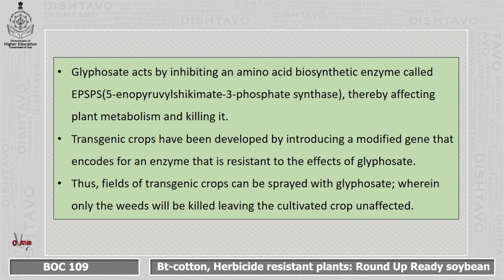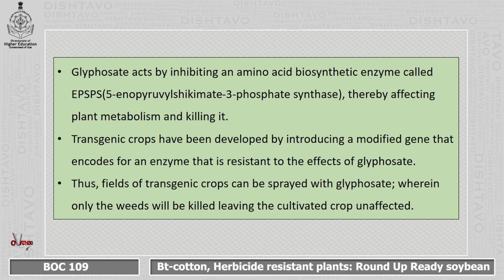Now this glyphosate, how does it act on weeds? It acts by inhibiting an amino acid biosynthetic enzyme which is called 5-enolpyruvylshikimate-3-phosphate synthase. This is an intermediate enzyme which is required for the production of amino acids such as leucine, tryptophan and tyrosine.